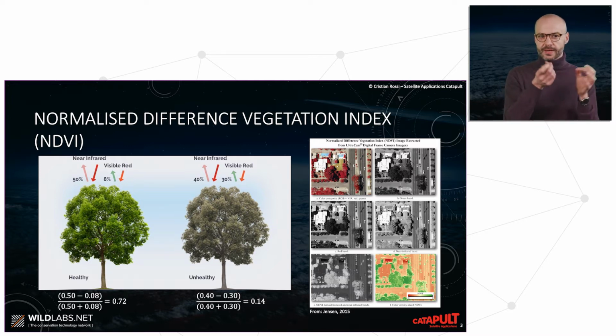Anyhow, just putting those numbers into this NDVI equation, we see how the healthy plant in this case has an NDVI of 0.72, while the unhealthy plant has a much lower NDVI, 0.14. This is the overall concept of this specific index.